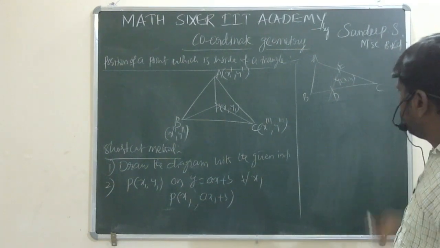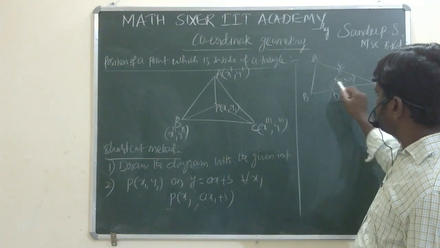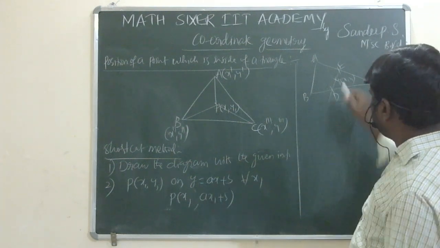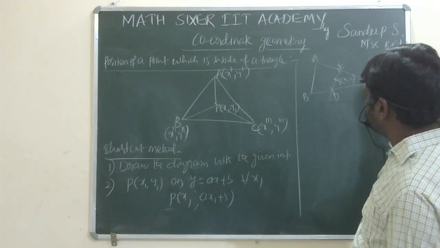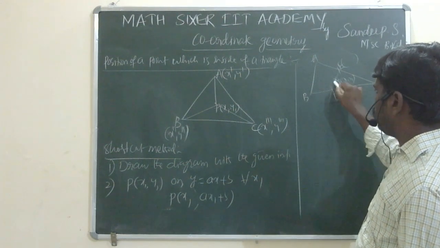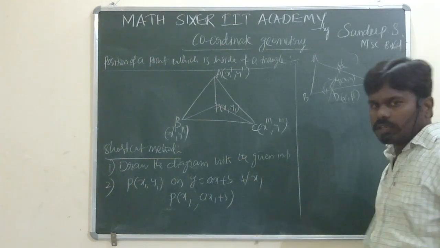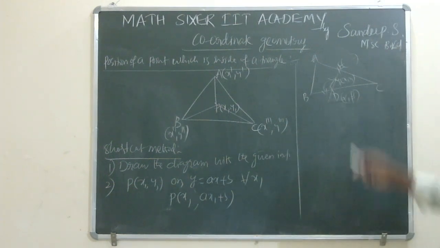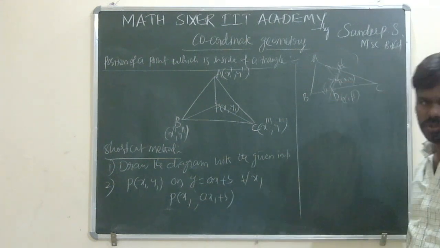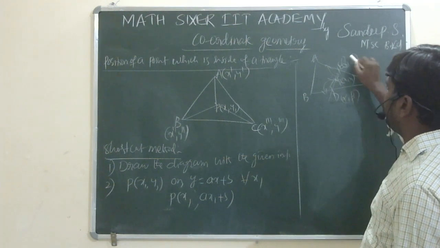Okay, now we have to solve this equation. So this equation and the BC equation to find the point D, and again this equation and the AC equation to find E. After solving these two equations, suppose we are getting D as alpha comma beta, and after solving the two equations AC and this y is equals to ax plus b equation, we are getting suppose gamma and delta.